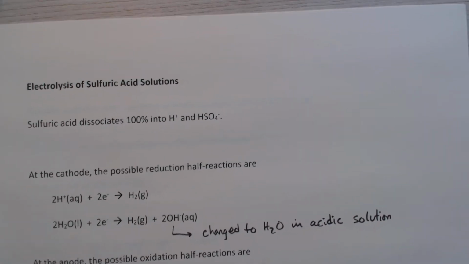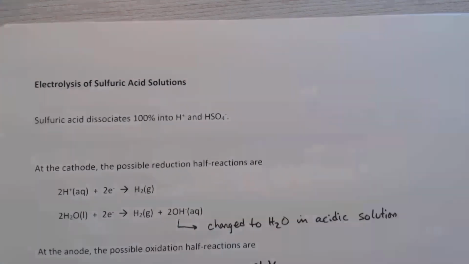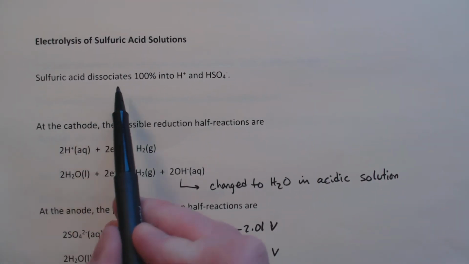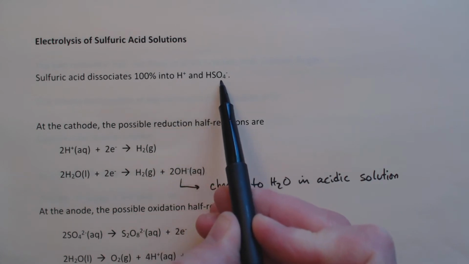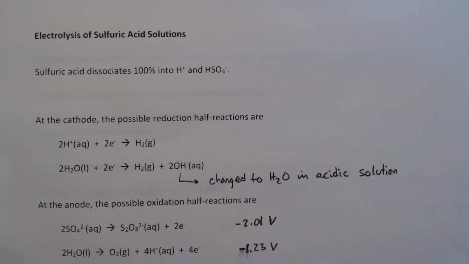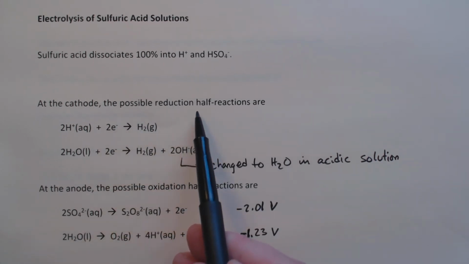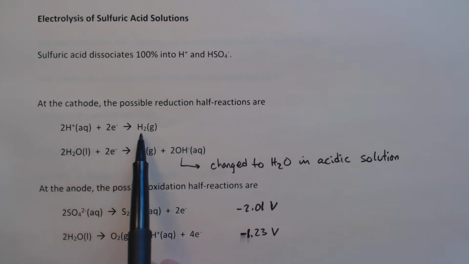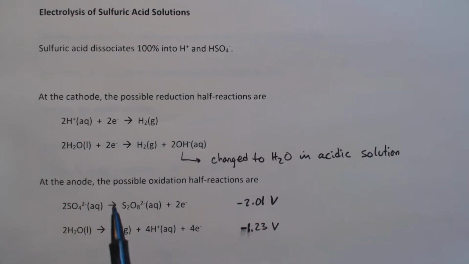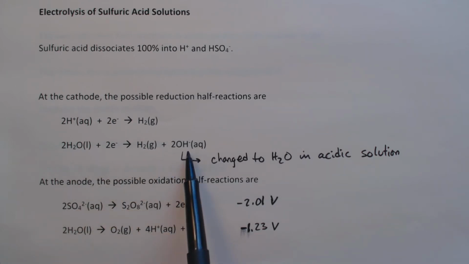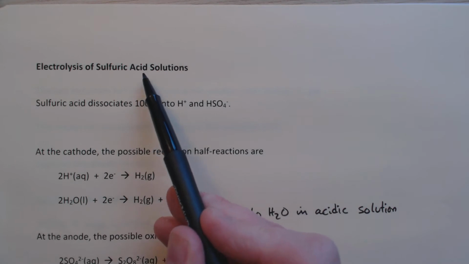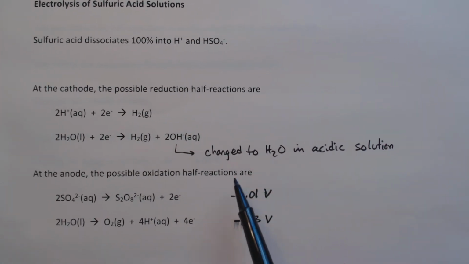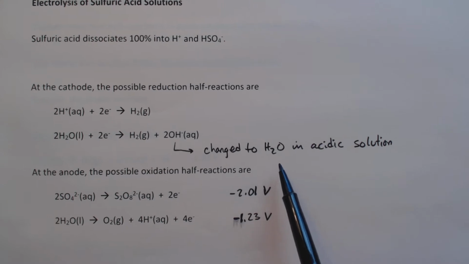So here's the first solution, the electrolysis of sulfuric acid. Sulfuric acid dissociates 100% into H plus and HSO4 minus. It doesn't go all the way to where we get 2H plus and sulfate ion. It just forms these 2, 100%. At the cathode, the possible reduction half reactions are H plus reducing to hydrogen gas, or water reducing to hydrogen gas and OH minus, but since we're in an acidic solution, that OH minus would react to form water, which is going to produce the same thing.